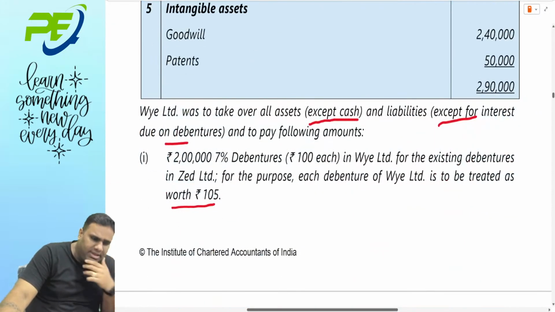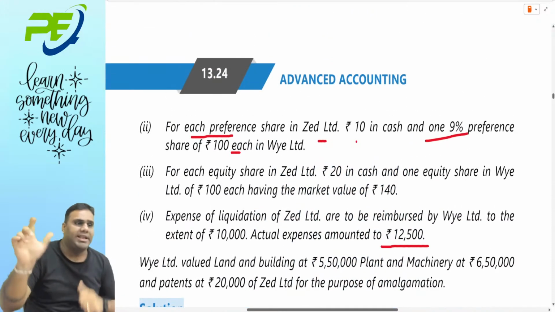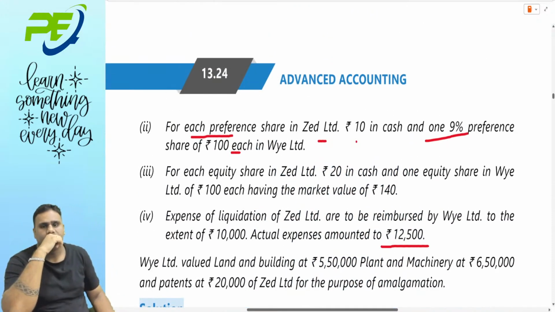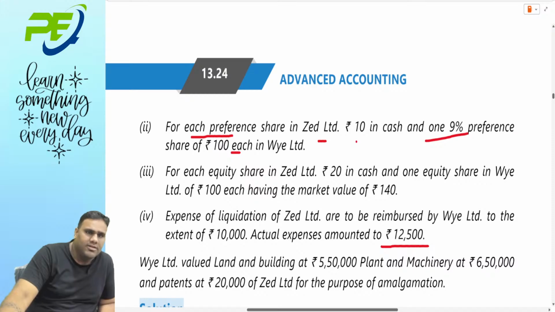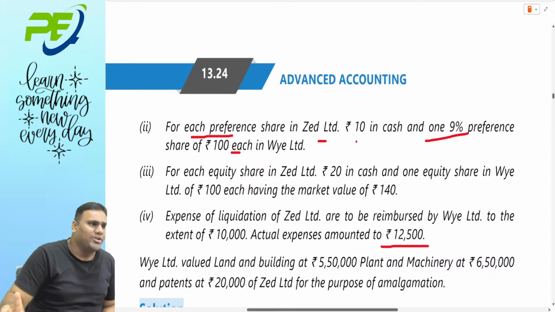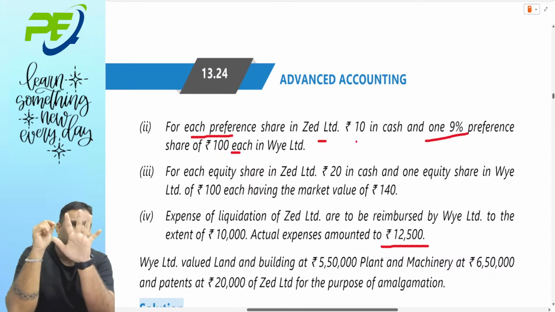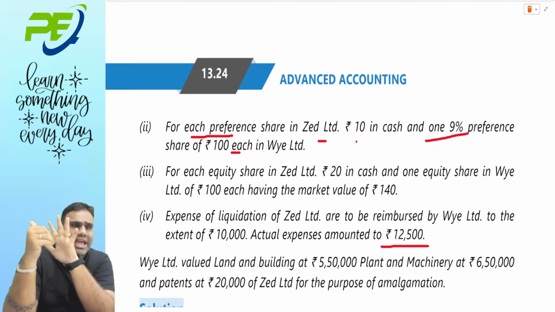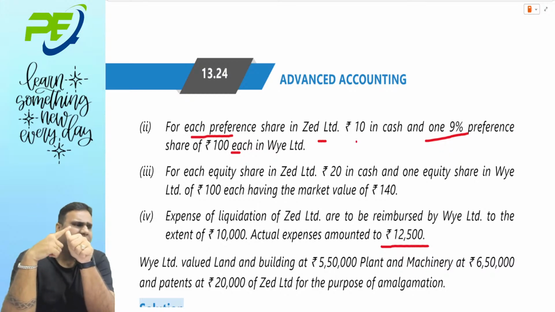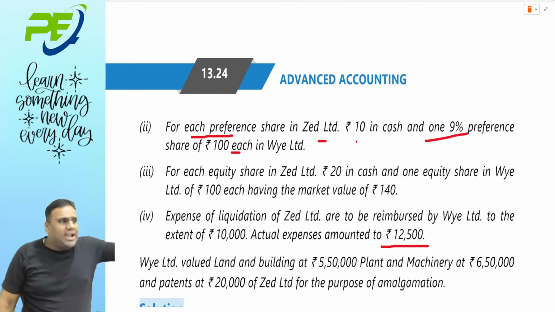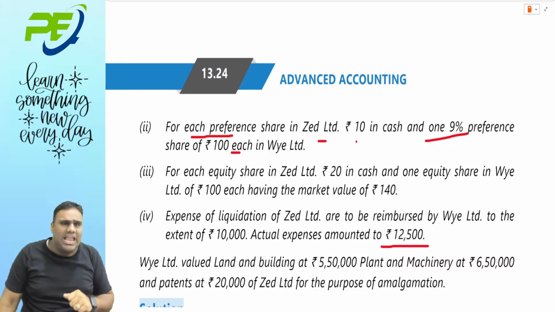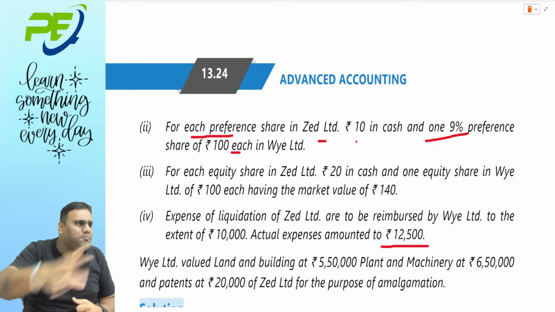Now, tell me what is the method of amalgamation? Purchase, right? Very good. We read 5 points yesterday for amalgamation to be in the nature of merger. First, all assets and liabilities should be transferred. Here, the first point itself is not satisfied. They are not taking cash, they are not taking one liability. So this is the method of purchase.